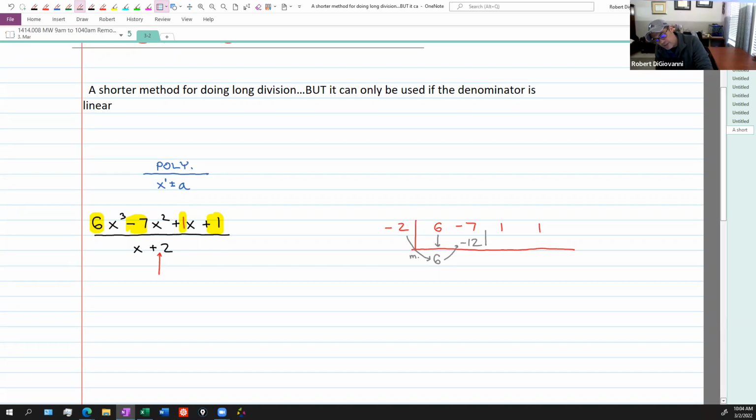Then you add these 2 numbers down again. So what's -7 plus -12? Or you could say -7 take away -12. What would that be? -19. -19. You put that here. Okay. And now you do the same thing you did with the 6. You take the -2 and you multiply it times this.